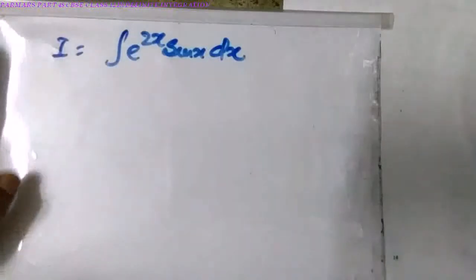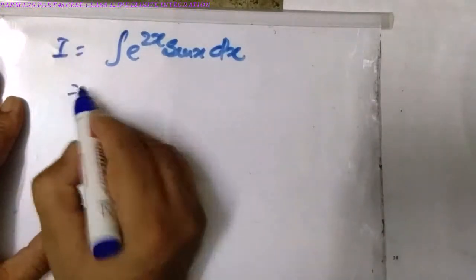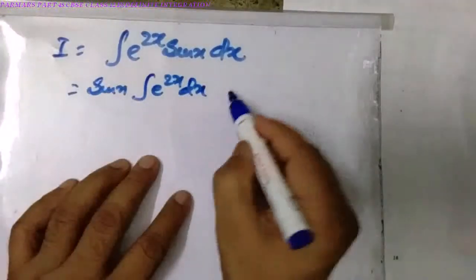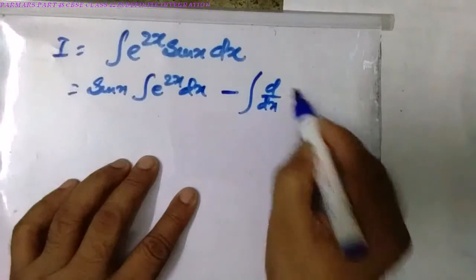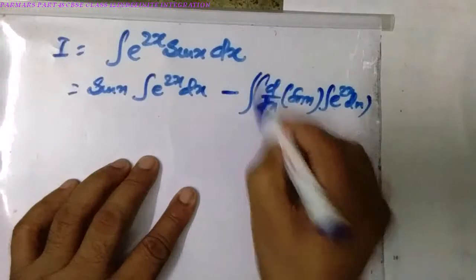Now again it is the product of two functions, one differentiating and another integrating, but we see that the differentiation or integration of sin x goes to cos, plus or minus sin, anything can be, and for e^(2x), whether integration or differentiation, the e^(2x) will remain; it is not going to end. So see what happens here. If we apply ILATE: sin x e^(2x) dx, minus the differentiation of sin x, integration of e^(2x) dx, and dx.